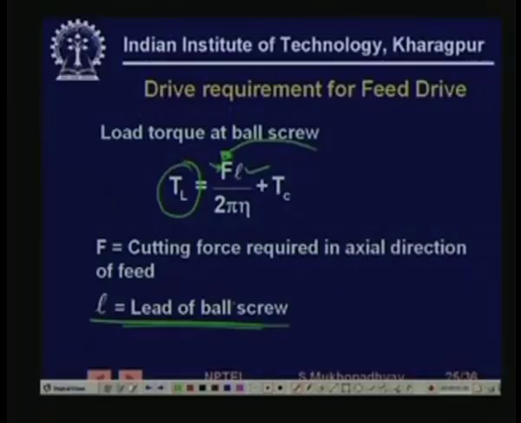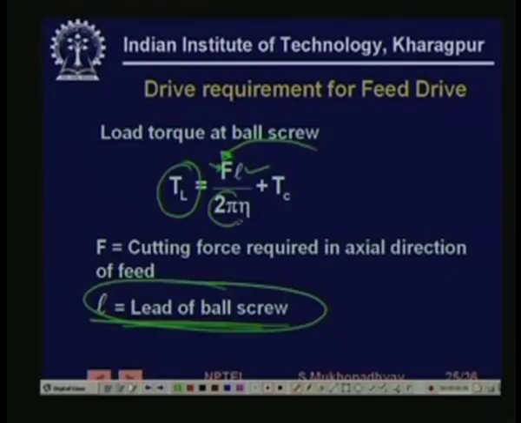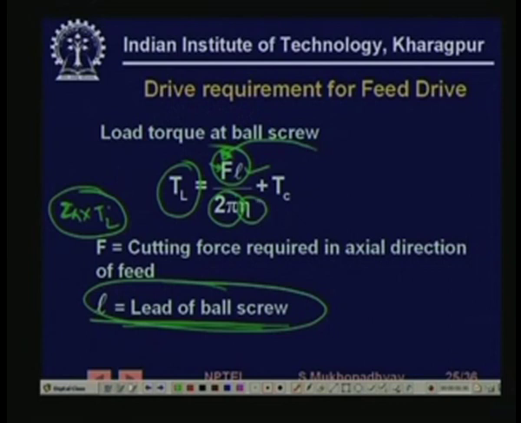So if we have energy conservation, then F into the pitch of the ball screw must be equal to the torque, because one rotation is twice pi radians. So twice pi into TL is the input energy. What is the output energy? The output energy is this force into pitch, multiplied by some efficiency factor. So input and output will have efficiency, plus there are certain other friction torques.